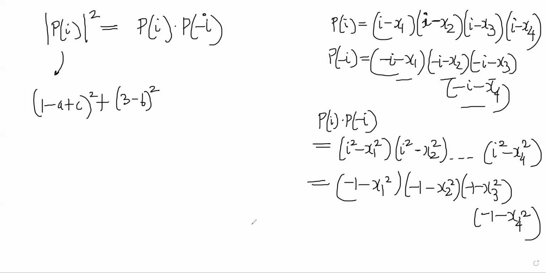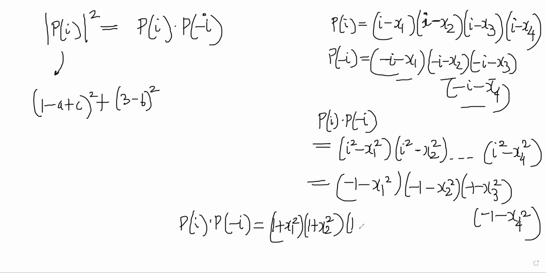So what we are getting is p of i times p of minus i is equal to the product of 1 plus x1 square, 1 plus x2 square, 1 plus x3 square, and 1 plus x4 square.